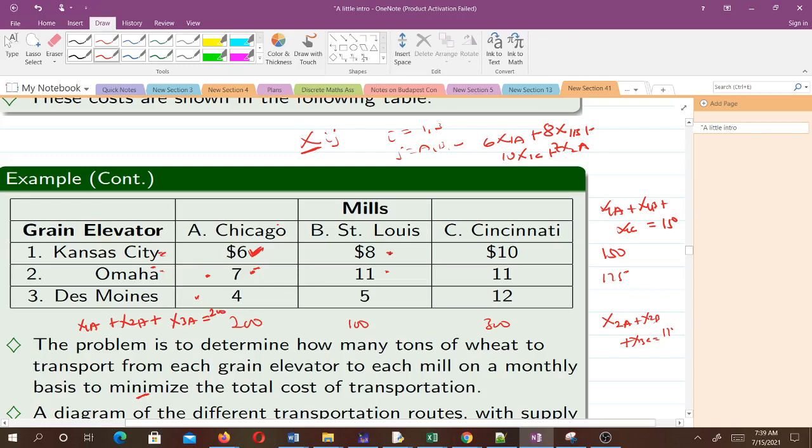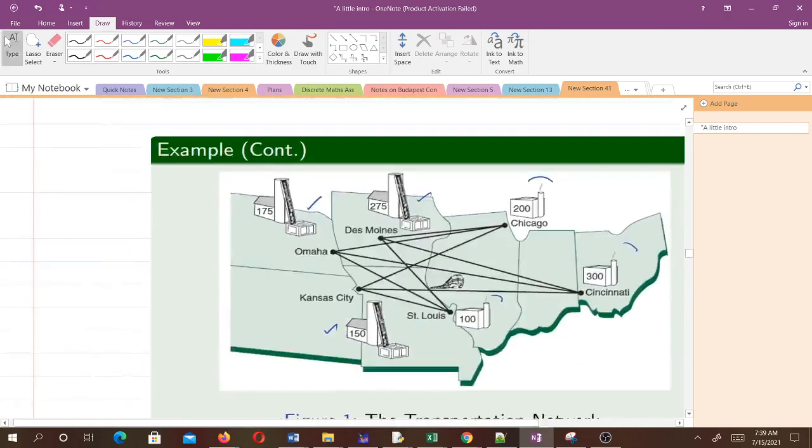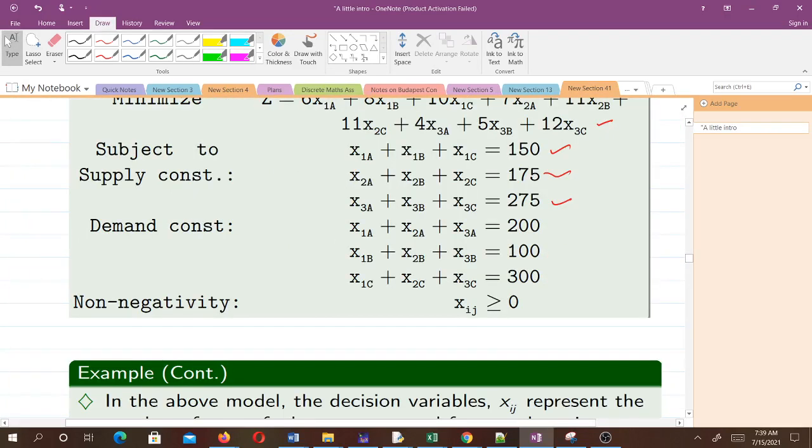When we come here, it will be x1b plus x2b plus x3b equals 100, and so on. So that's how we get the demand constraints, and these are the non-negativity constraints. So this is the LP model for the problem.